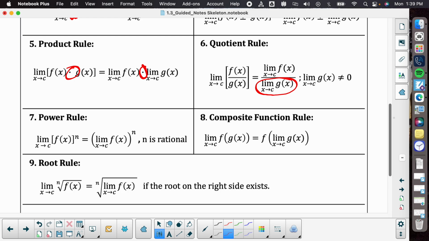Composite function is really the only one that has set criteria here. If you have f of g of x, do you remember doing composites last year? You probably had to do f of g and g of f. So a composite function would be, if I have x plus 3 in parentheses to the 5th power, that's a composite function because x plus 3 would be g of x, the inside.